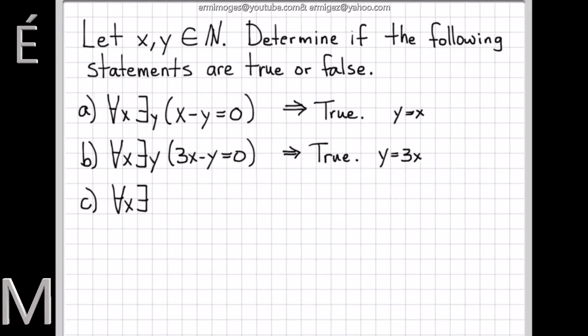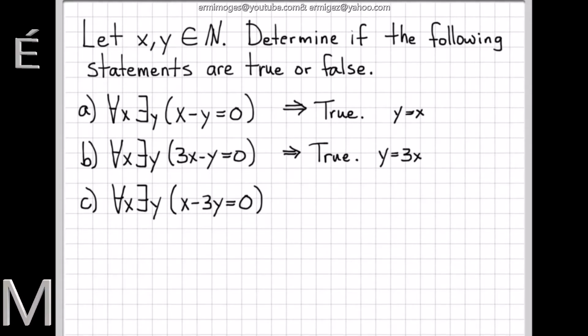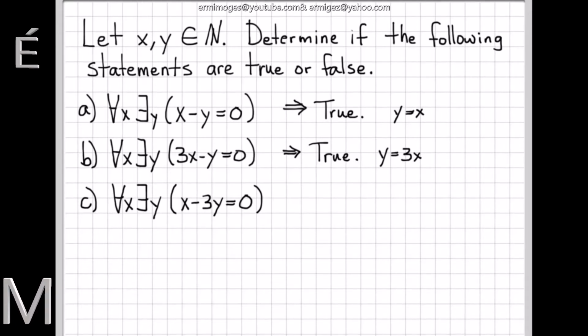Part C, let's change it just a touch. What about for all x there exists a y such that x minus 3y equals 0? You might be tempted to call this one true again, but it's slightly different than what we did in part B. Let's think about the case when x equals 3. When x equals 3, I need to come up with a y such that 3 minus 3y is equal to 0.